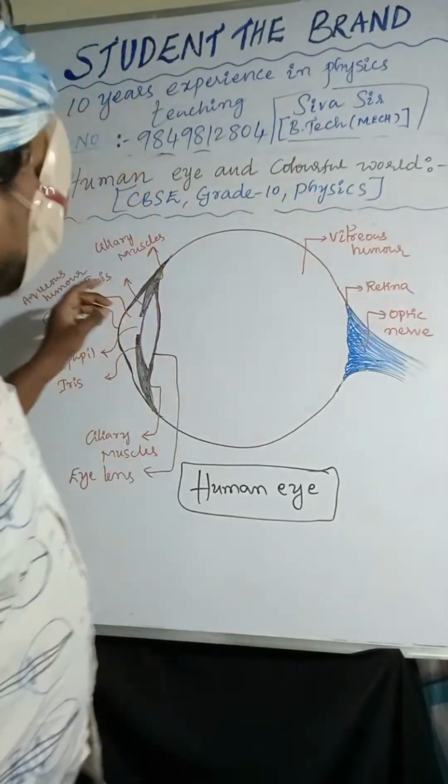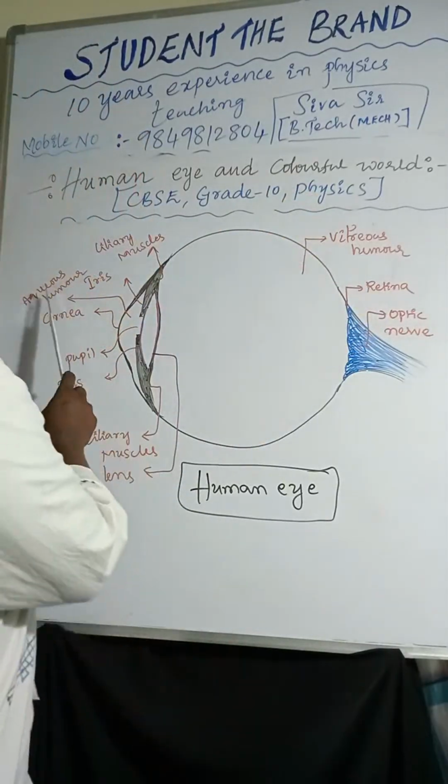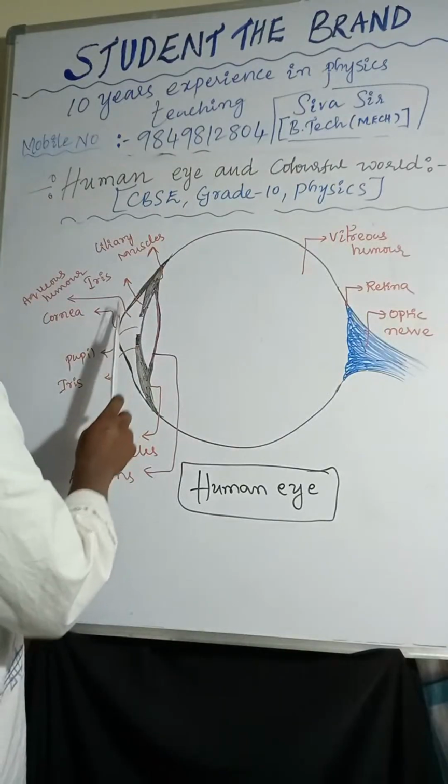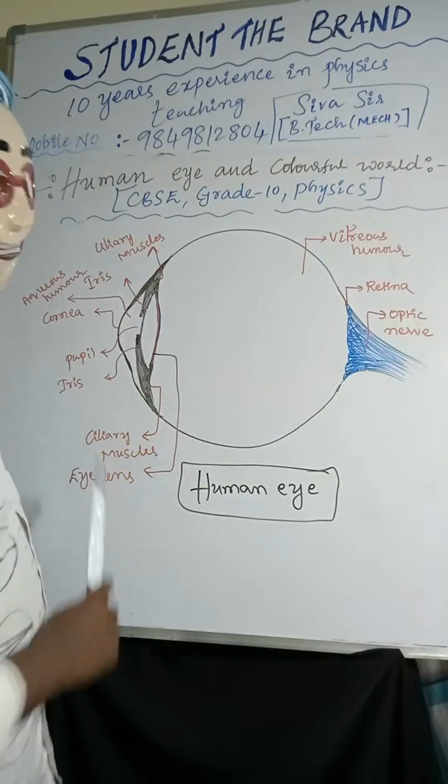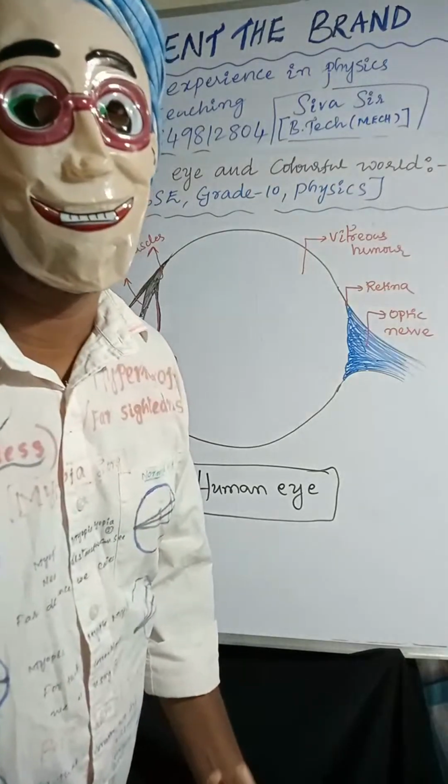So here one more part is there, that is the aqueous humor. Aqueous humor is a jelly type liquid present between the eye lens and cornea.